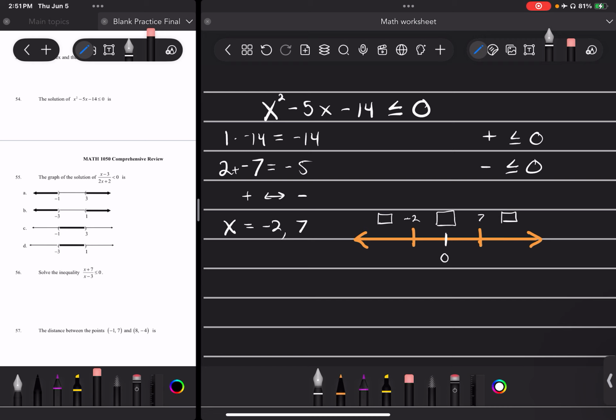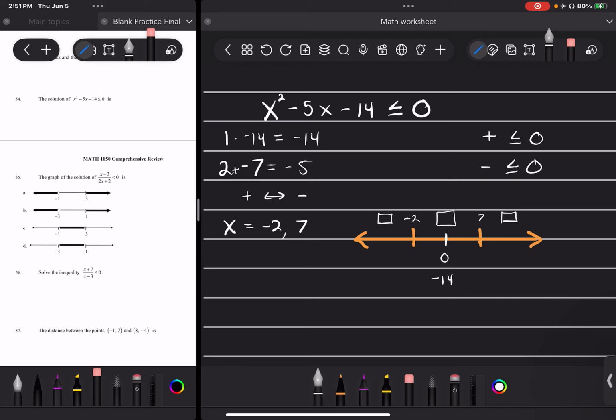The good thing about that is it's really easy to test. If this is a 0, it's gone. If this is a 0, it's gone. So what do we have left over? Negative 14. A negative 14 is a negative answer, right?